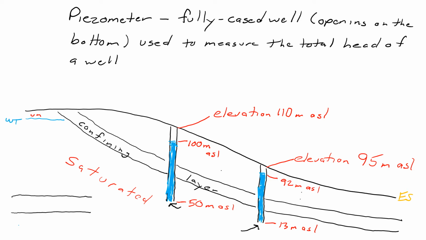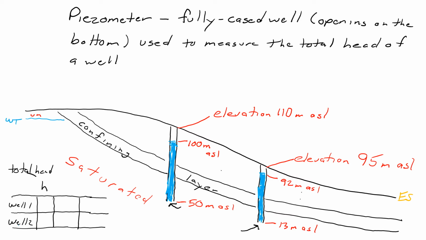All right, so let's put together a little table of data that we can come up with from this diagram that I have here. So here's our data for well 1. This is going to be our data for well 2. And we're going to measure 3 different things.